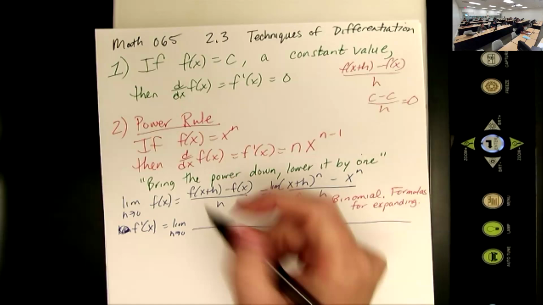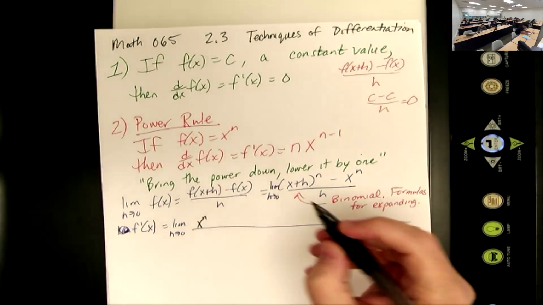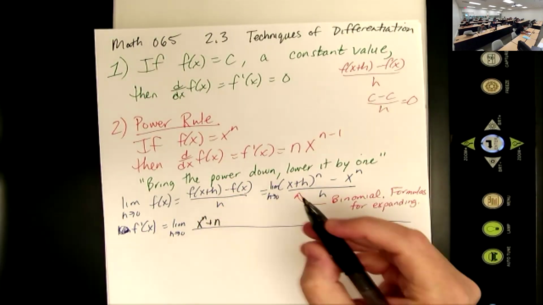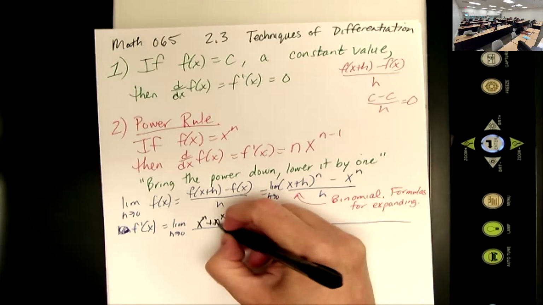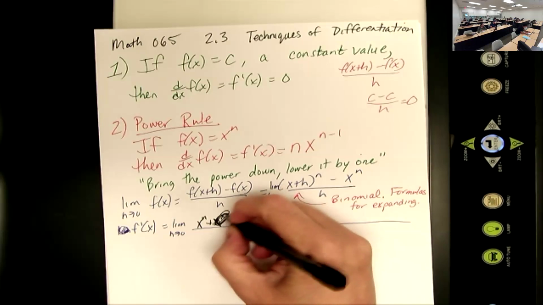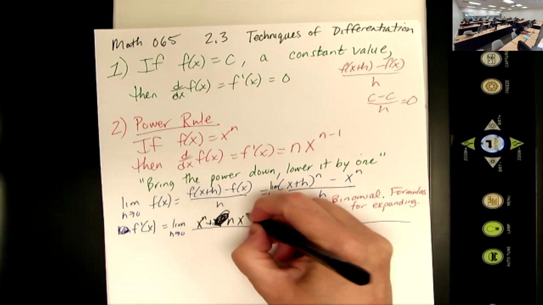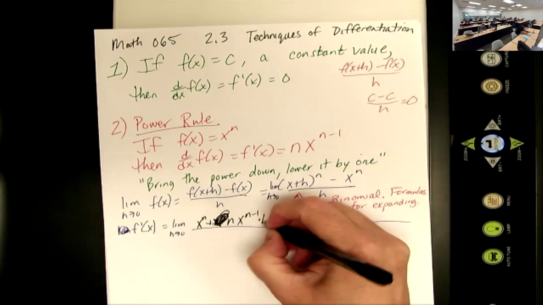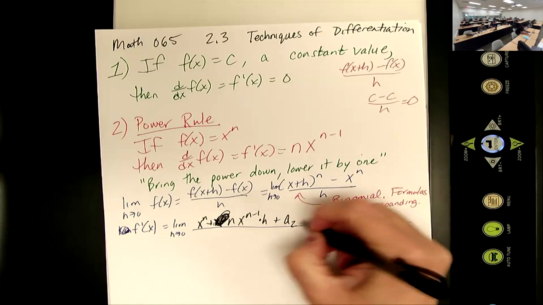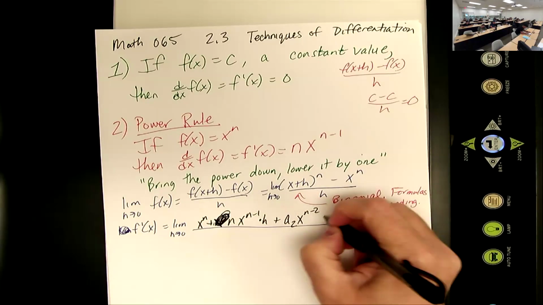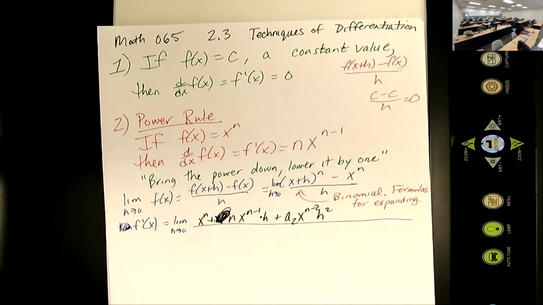That first one was x to the n plus n times x to the n minus 1 times h, and then we had a sub 2 x to the n minus 2 h squared.